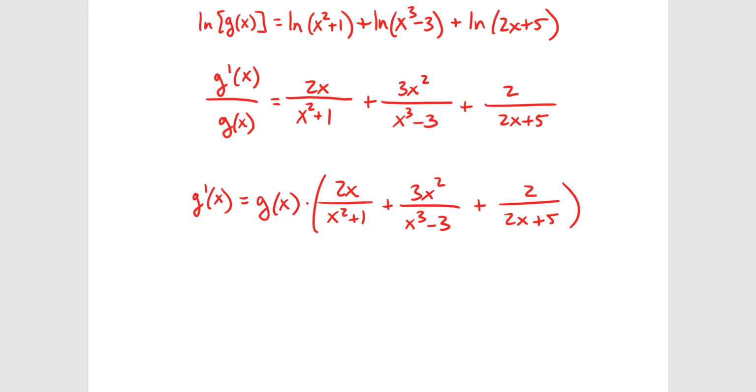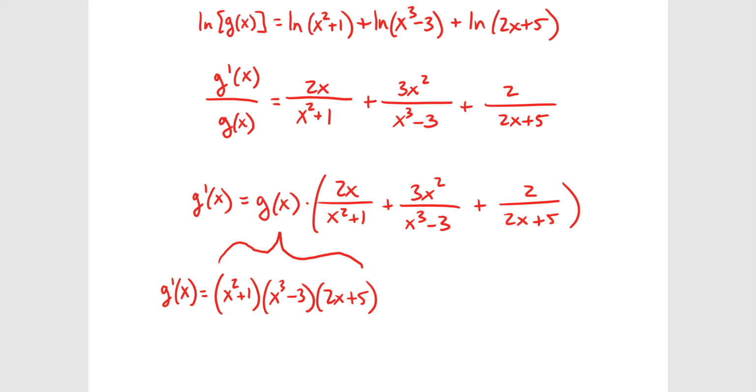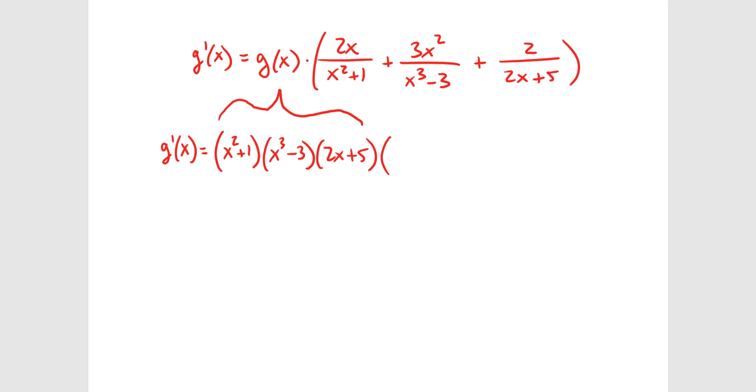So we go down here and we write our derivative that we wanted was going to be g of x, which is x squared plus 1 times x cubed minus 3 times 2x plus 5. So this whole thing was g of x. And now we multiply that by whatever was left over on the right.